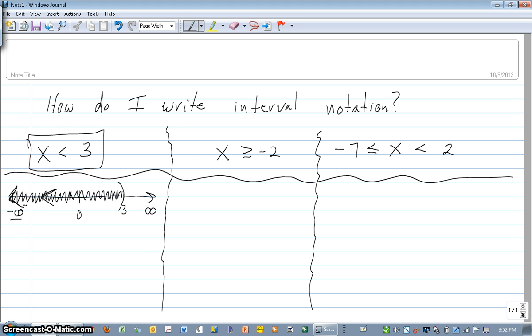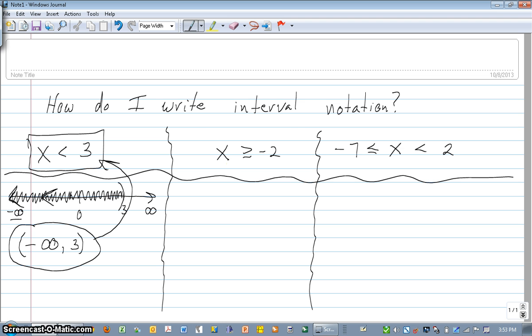So our leftmost number is negative infinity, and going as far to the right as we can that's shaded in, we would stop at 3. We know 3 is going to get a parenthesis because we used that on our graph. And anytime you write infinity or negative infinity, you get a parenthesis. So this is the interval notation that matches x less than 3.